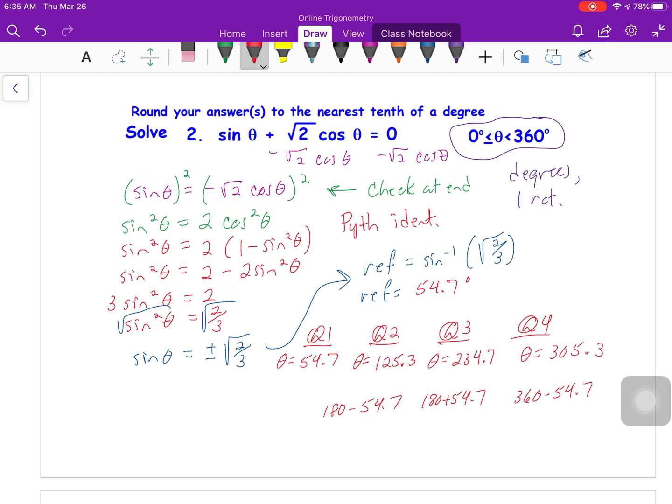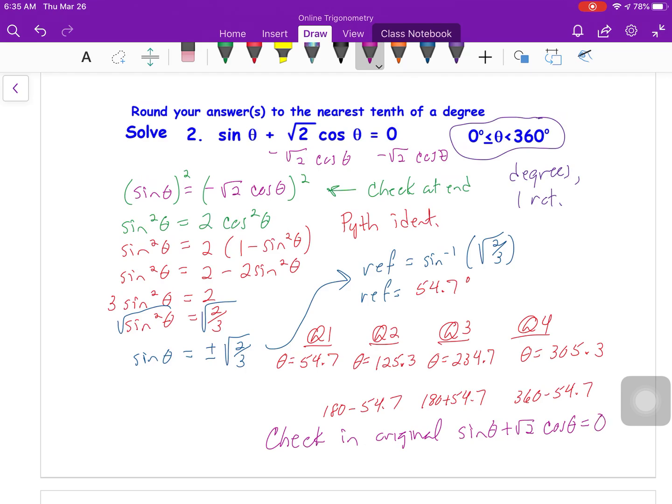Now, all of these are potential answers to our original equation, but some could be extraneous. So what we have to do is we have to check in the original. And the original, once again, was sine theta plus square root of 2 cosine theta equals 0.